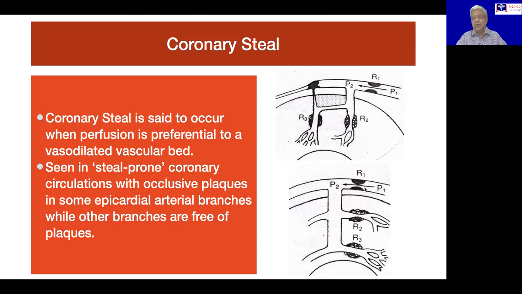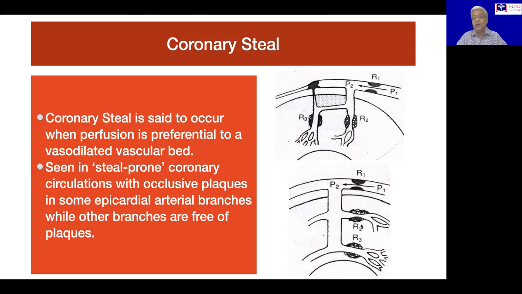You can see the same phenomenon here also. This vessel is normal, but if you look at these branches, this branch has a stenosis, while this branch has a lesser amount of disease. So in case a vasodilating agent is given, then the blood will preferentially go to the R3 branch, but not to the R2 branch.